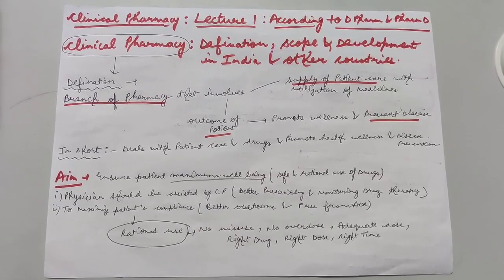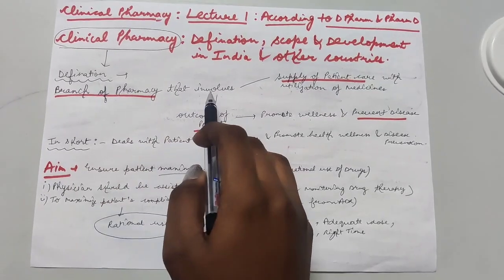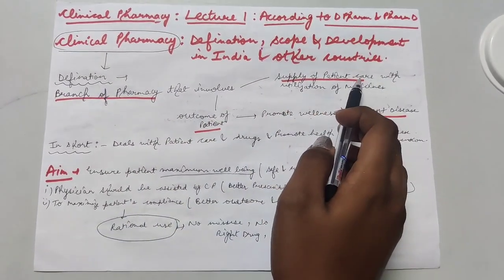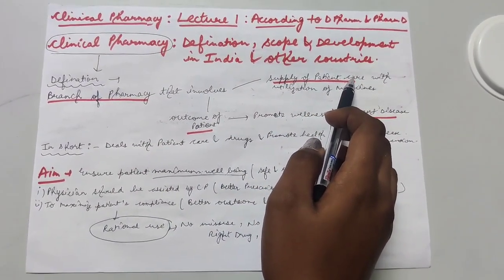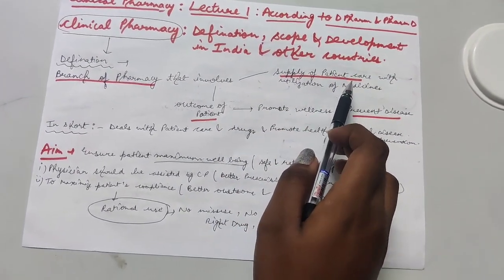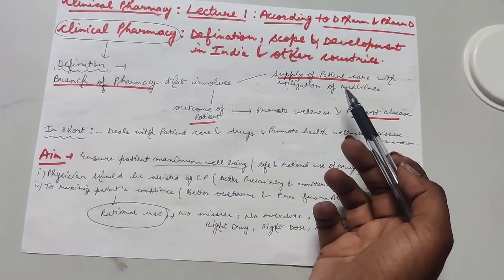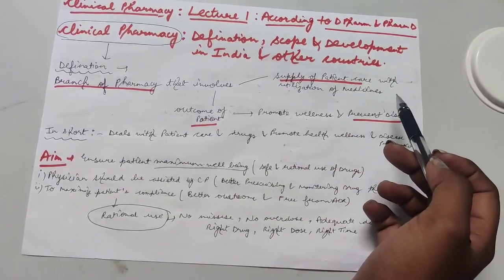Definition. Clinical pharmacy. It is the branch of pharmacy that involves supply of patient care. Patient care includes how the patient is being treated while the treatment is given to him, how the medicine is acting upon him, how the treatment is effective for him.